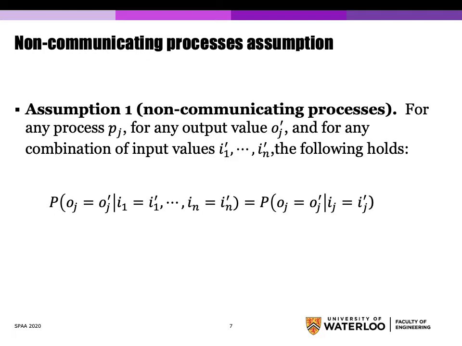The probability of Oj equals Oj' under the condition that I1 equals I1' to In equals In' is the same as the probability of Oj equals Oj' under the condition that Ij equals Ij'. This equation implies that for each process, the probability of deciding a specific value is completely determined by the protocol and the process's own input value. Inputs of other processes have no impact on that probability.